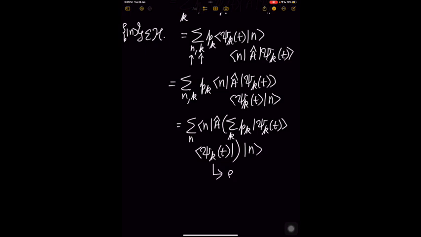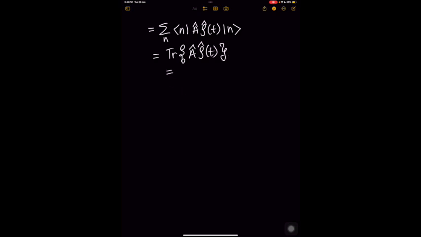Again, this is just your density operator, which is equal to the summation over n of bra n, A hat, rho hat t, ket n. So this is equal to the trace of the product of A hat and rho hat t, which is equivalent to the trace of A hat t rho hat, which I was supposed to prove for the pure state case, but I did not, so I will prove it here.